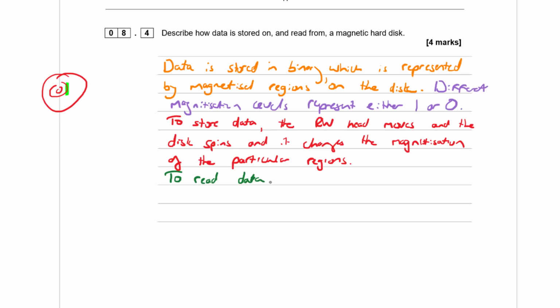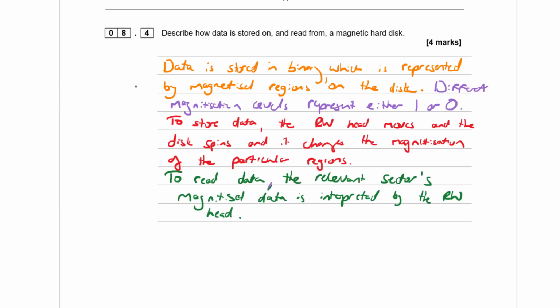So to read data, let's go for the right colour. To read data, the relevant sector data is interpreted. So hopefully that makes sense. Data is of course stored in binary, which has to have 2 values to represent it. So it could be levels of magnetization, it could be the direction it's magnetized in, it could be not magnetized.